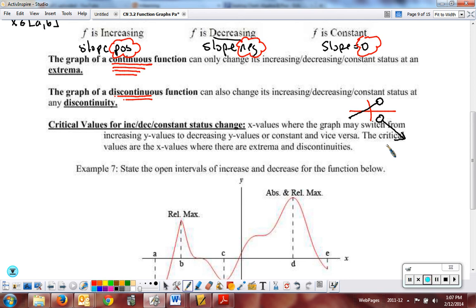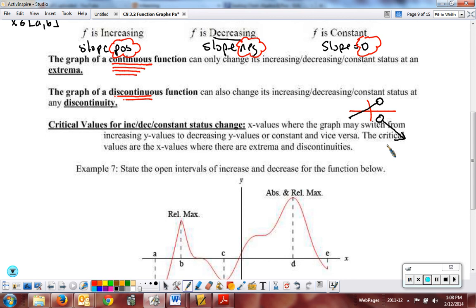Everybody good? So we're going to introduce another idea that's coming up. Instead of doing sign charts that tell you where the function value is positive, negative, zero, or undefined, we can also do what is sort of like a sign chart, where I put the critical numbers where I might switch between increasing, decreasing, and constant sections, and then label it not with a sign, but with whether the function is increasing, decreasing, or steady state.